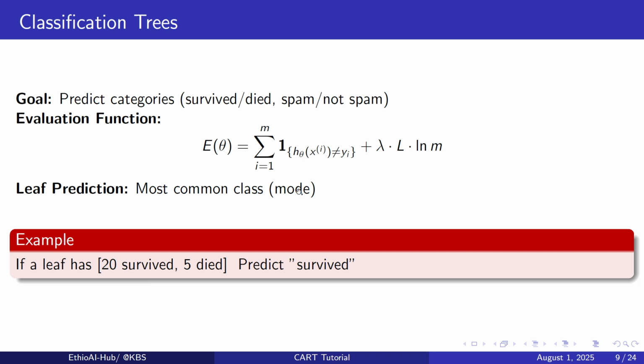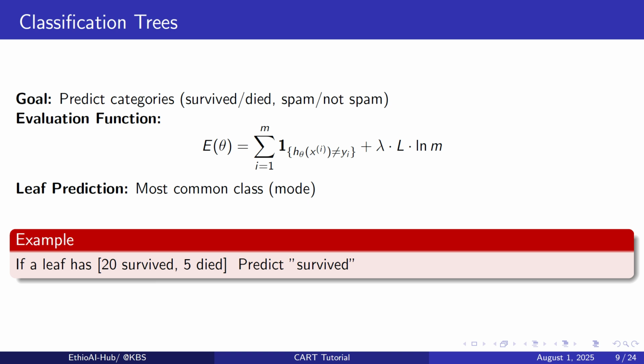In a classification tree, what we predict is a class or category. Basically, if a leaf has 20 survived and 5 died, the majority class is survived, so it will predict survived.